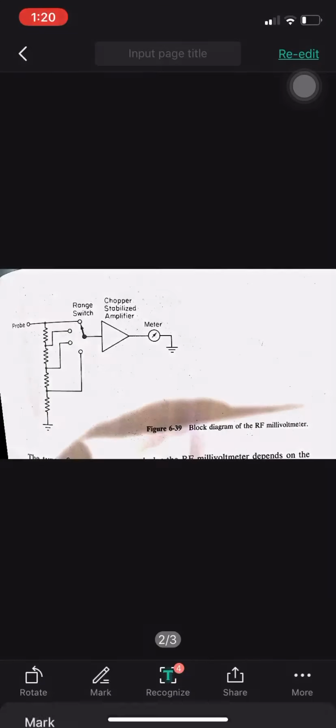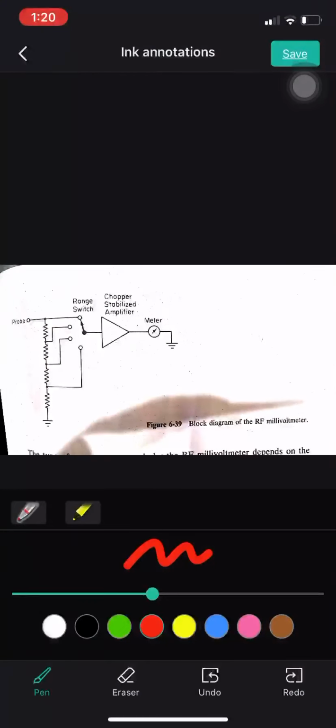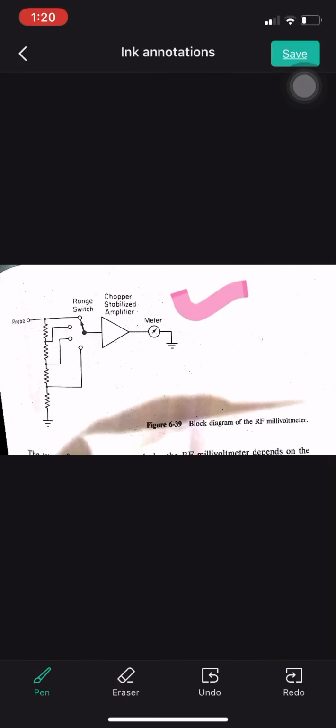Now, the figure here shows the block diagram of the RF millivoltmeter. As you all can see here, we have a range switch followed by a chopper stabilized amplifier and then a meter.